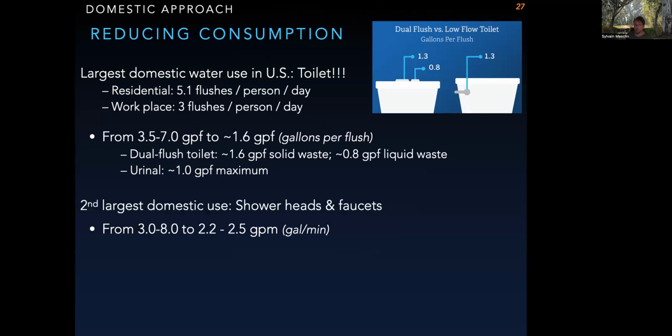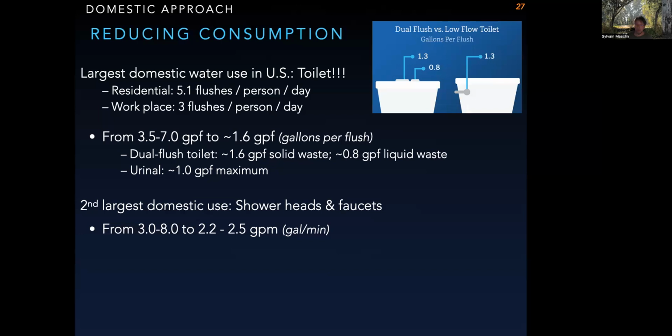From that, the second main consumer of water is the shower and bathtubs. They also went through a reduction in the amount of water used. Instead of talking about flushes, we're looking at gallons per minute.